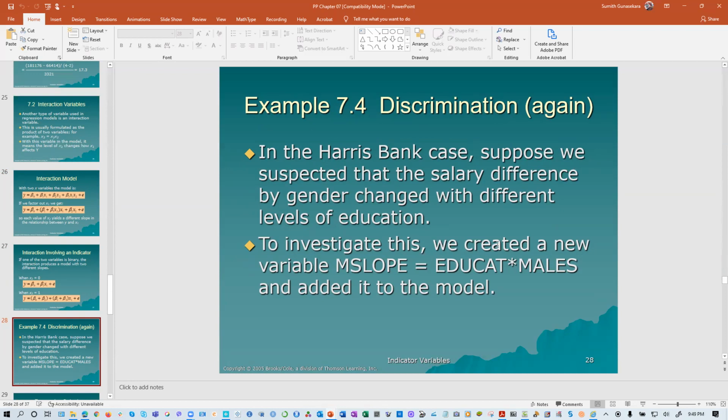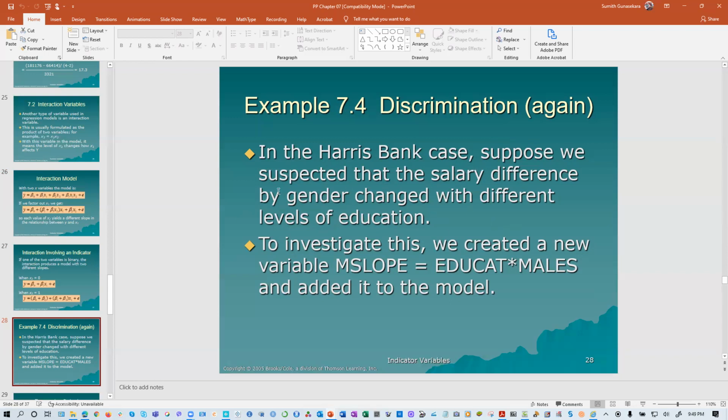To investigate this, we create a new variable and add it to the model. You have education, you have gender. Now they suspect that the salary difference by gender changes with different levels of education.